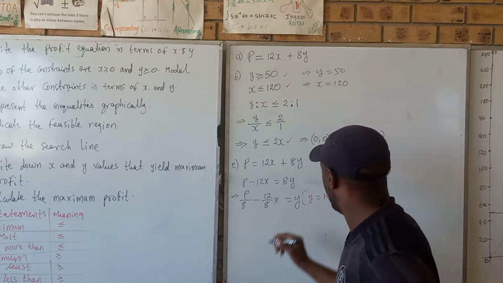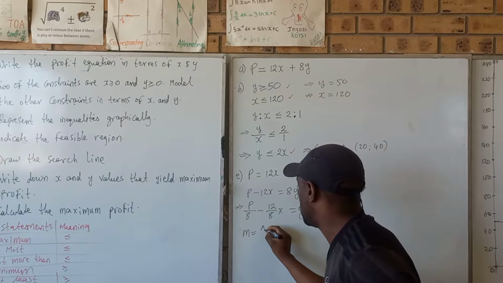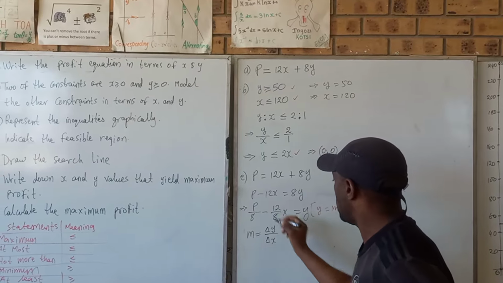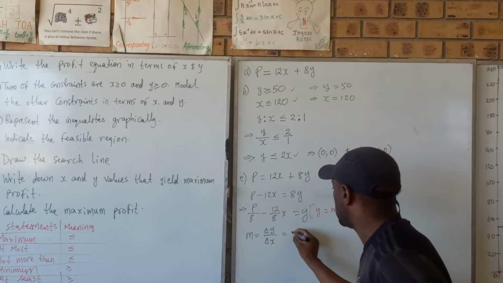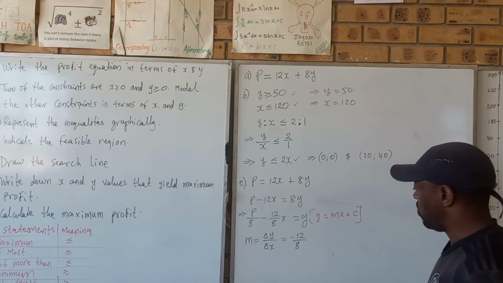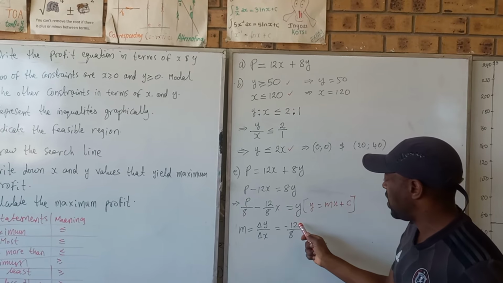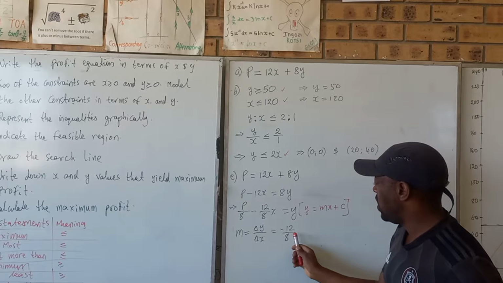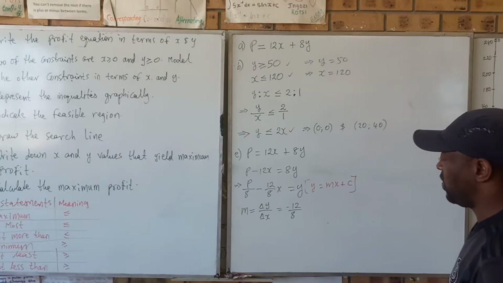From there you pick up your gradient, whose definition is change in y over change in x, and that is the item attached to x, which is negative 12 over 8. You don't need to bother yourself much about the negative, but to draw our search line, we'll look for 12 on the y-axis and link it to 8 on the x-axis. That's the purpose of the gradient.